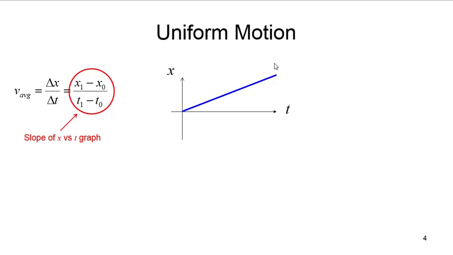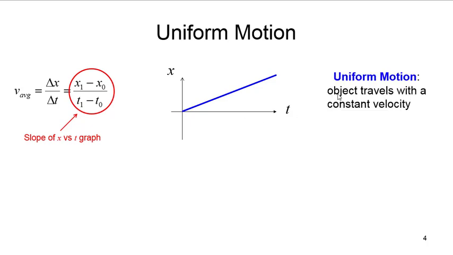So here is a graph that is a very specific type of motion called uniform motion. All of the graphs we just saw were examples of uniform motion. And the key to defining what uniform motion means is that uniform motion is when an object travels with a constant velocity. The graph of uniform motion is a straight line. The position, the x versus t graph, the position versus time graph, is a straight line.